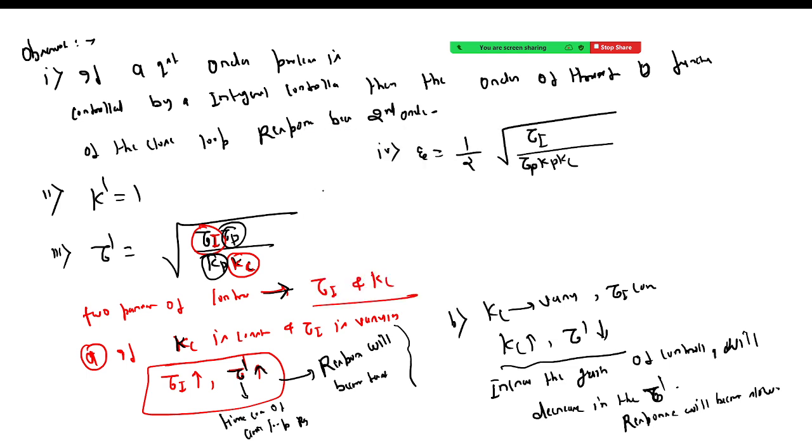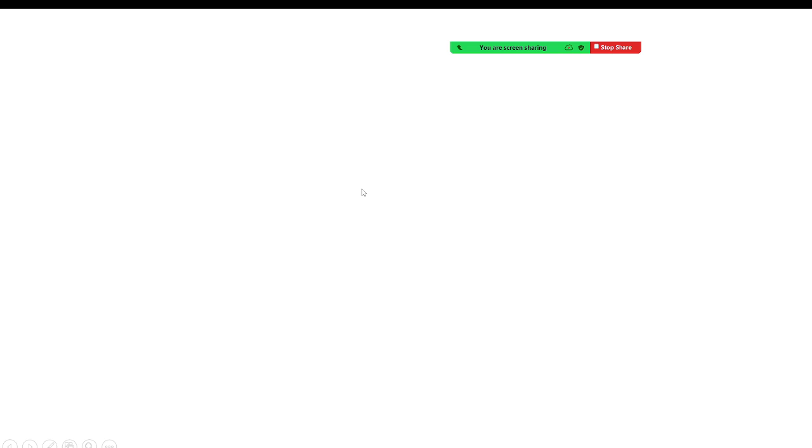Again, it's very important to understand this. Since this is a second order system, the third parameter that we are going to discuss is zeta. The value of zeta is 1 upon 2 root over tau I upon kp kc tau p. Again two parameters are there, tau I and kc.